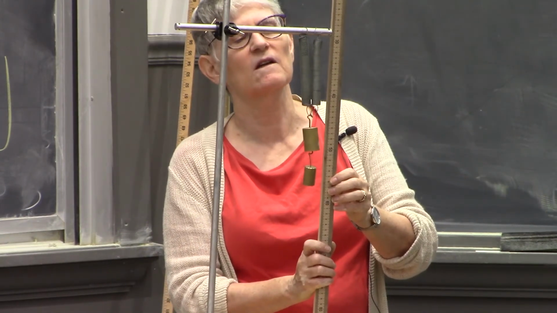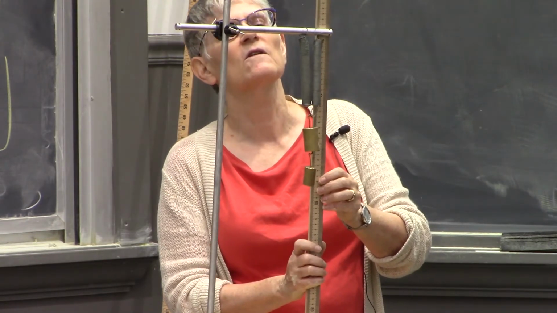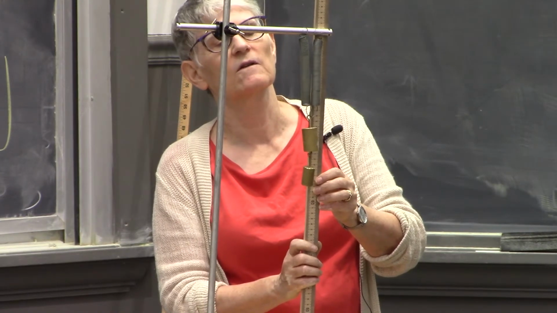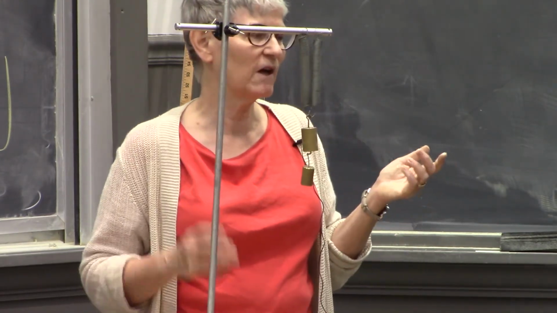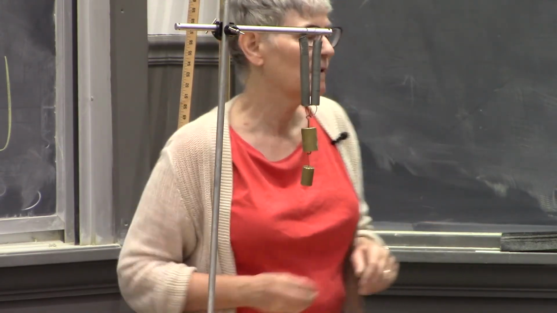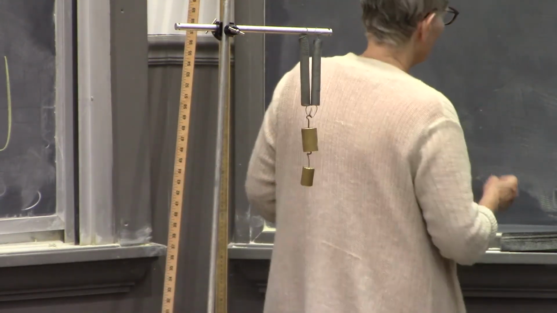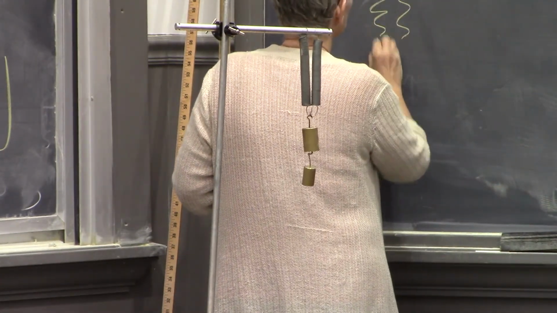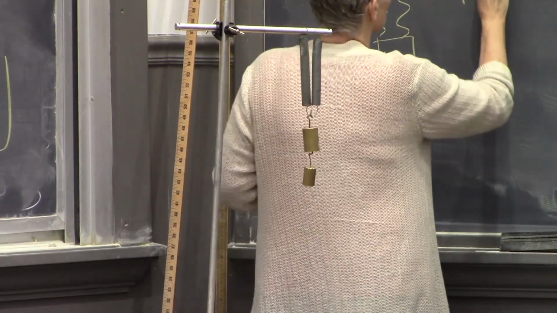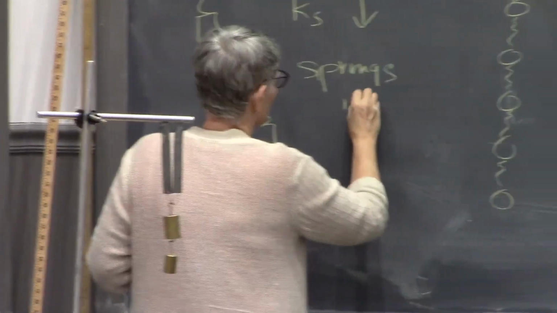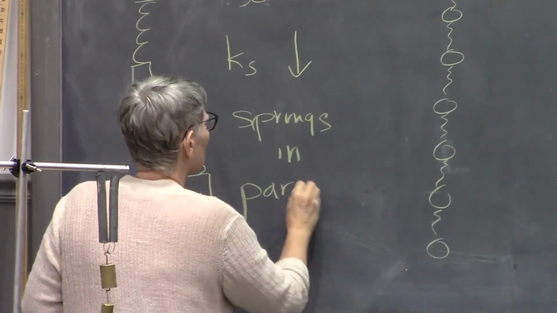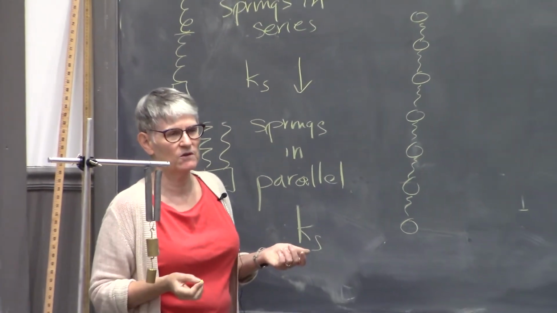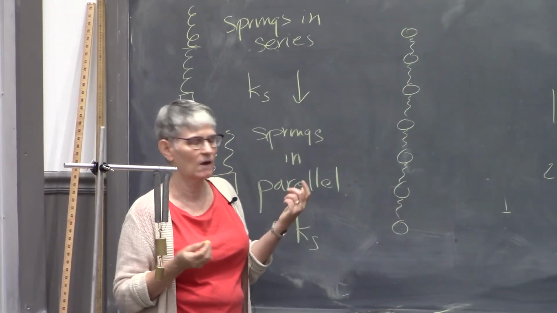Looks like something like 1.5. So if the springs were really identical, it would probably be 2, right? So if we have springs in parallel, the stretch went down, so the spring stiffness must have gone up, right?